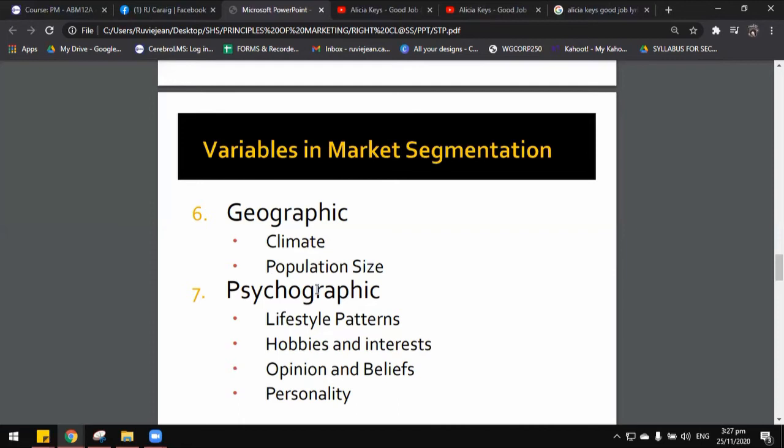Opinions and beliefs of consumers regarding certain issues and principles are also considered. So, for consumers with a strong concern for safety, marketers must consider selling products that would ensure their safety and security, such as CCTV cameras and other surveillance devices.